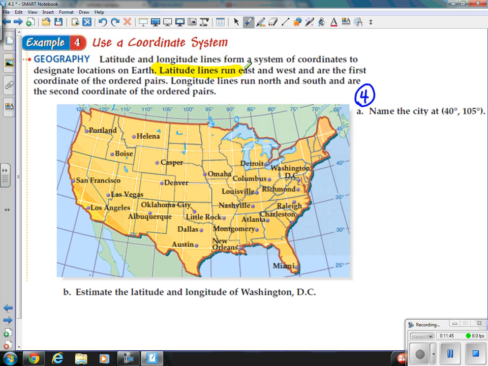So if you think about latitude being east to west, it goes left and right. So our latitude is a lot like our x-axis because it's going left to right. East and west goes left to right. And are the first coordinate of the ordered pair. So once again, it's like x in that it's the first coordinate.